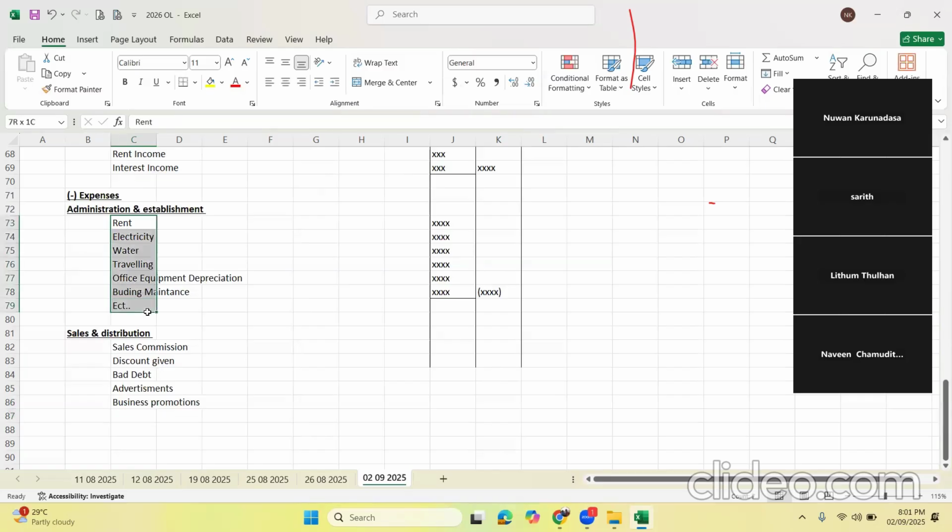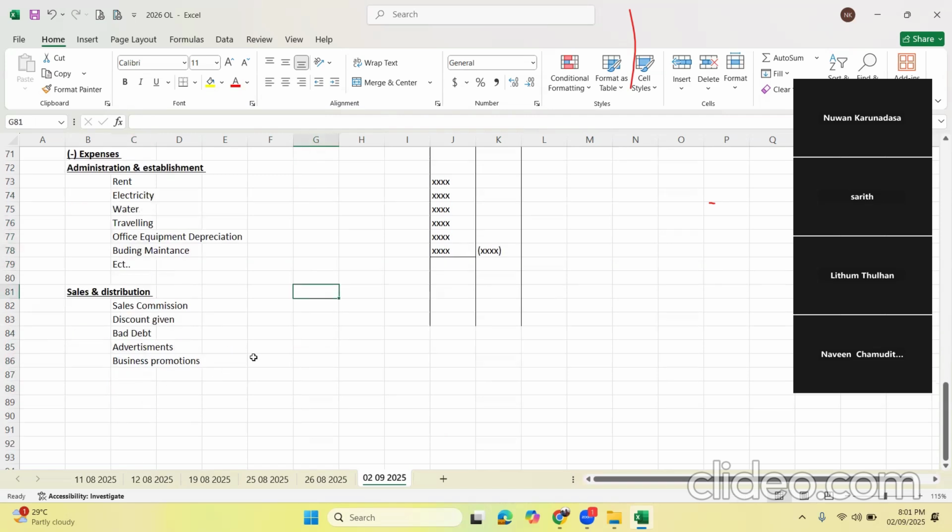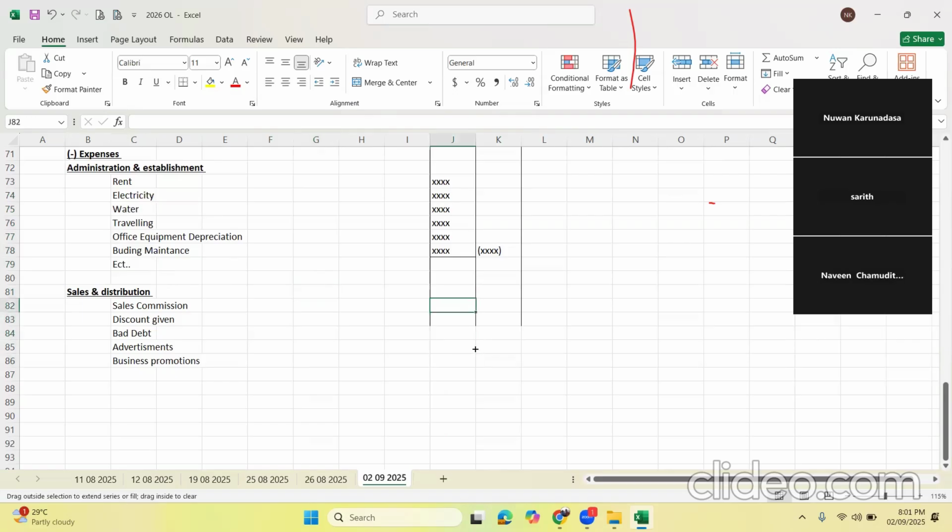These expenses are related to administration of the office. These expenses are related to sales and distribution. Sales and related distribution expenses, right? Very important.